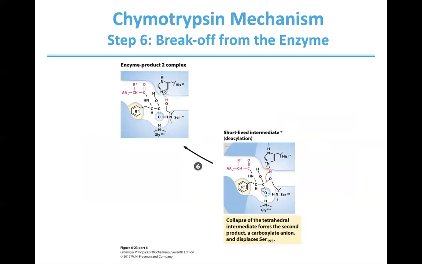It will reform the hydrogen bonding with the histidine, and the peptide now has the free carboxyl residue, right? And the oxyanion hole is released, and this part of the peptide now dissociates from the active site of chymotrypsin.